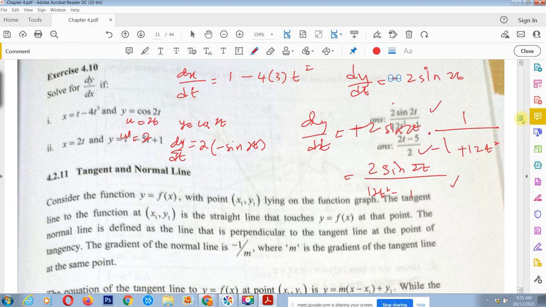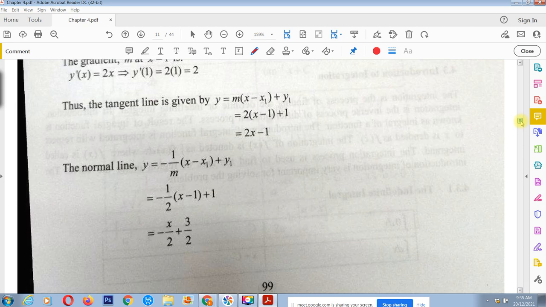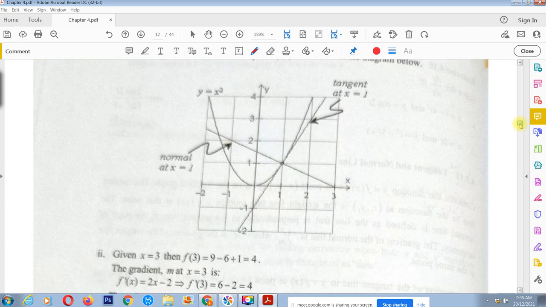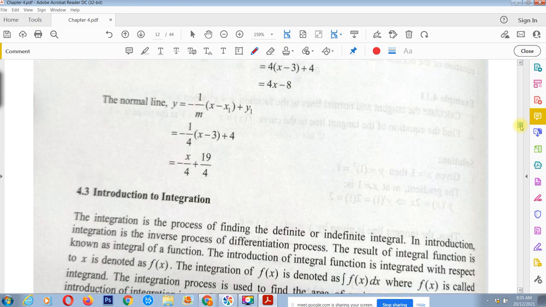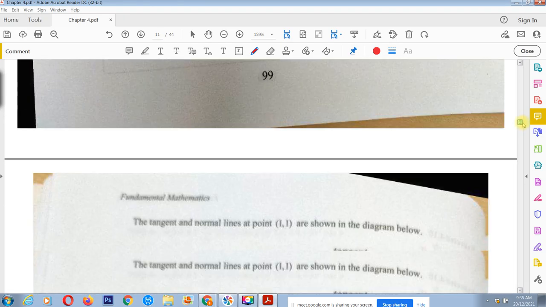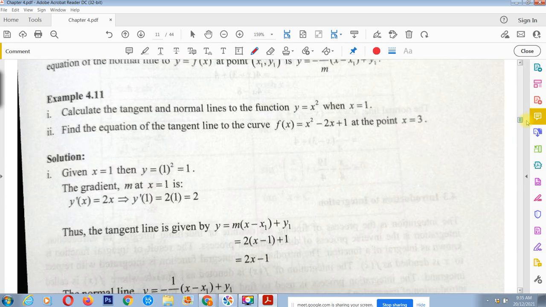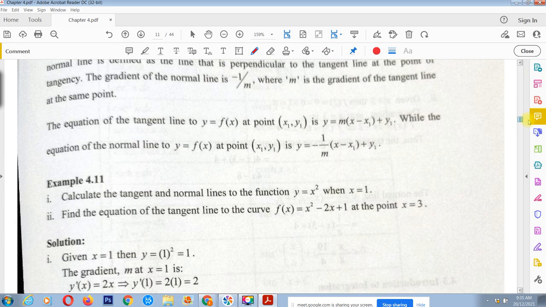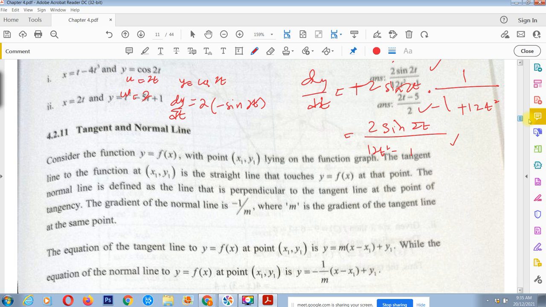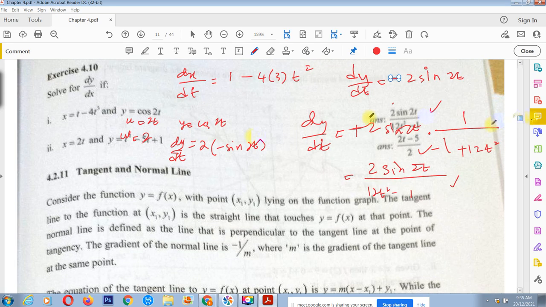And then we have tangent and normal line. So what is a tangent and normal line? How do we get the tangent and how do we get the normal line?